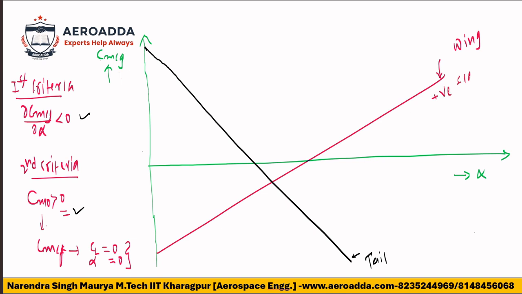So if a positive slope is there, it means it is destabilizing the aircraft. See, it is a negative slope. So always remember, a negative slope means it is stabilizing the aircraft. Correct? Criteria, you please check it. These are all the criteria for what? For LSS, longitudinal static stability. So the main wing is what? Destabilizing the aircraft.